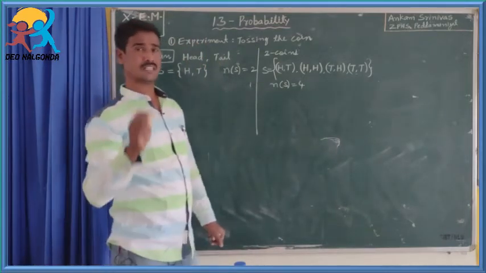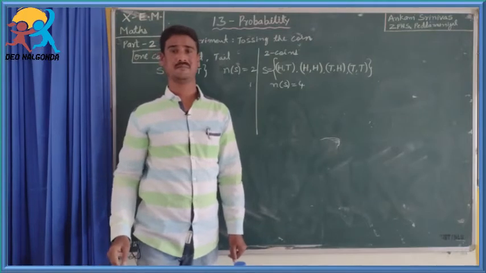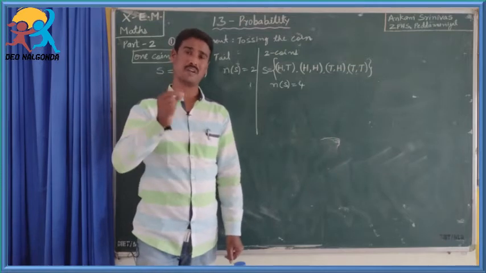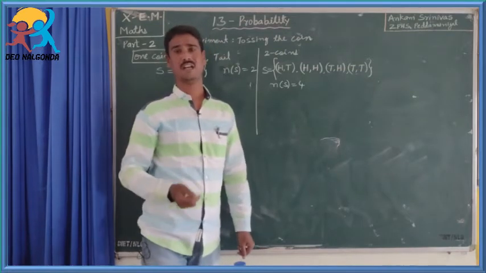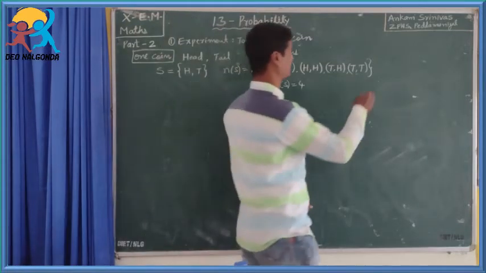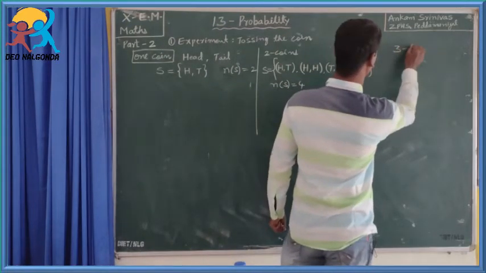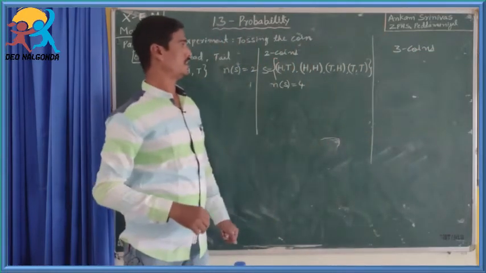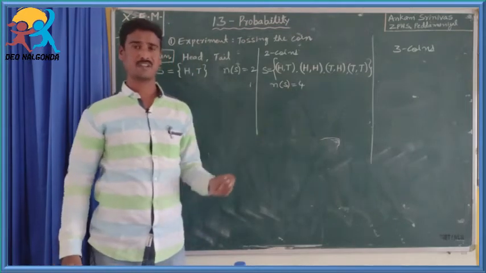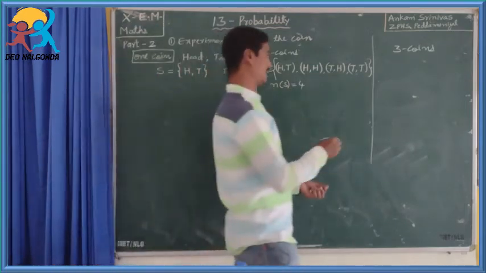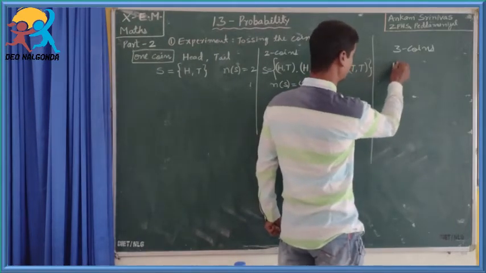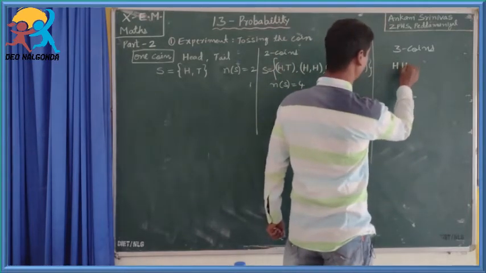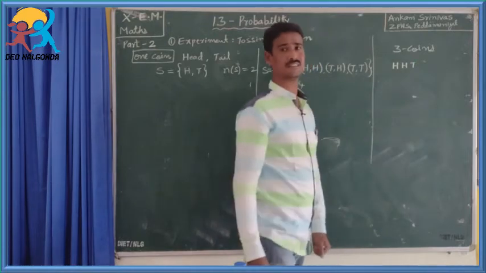Similarly, when you toss 3 coins at a time, or one coin 3 times, what are the outcomes? Let's see. Take the 3 coins. First head, second head, third tail.